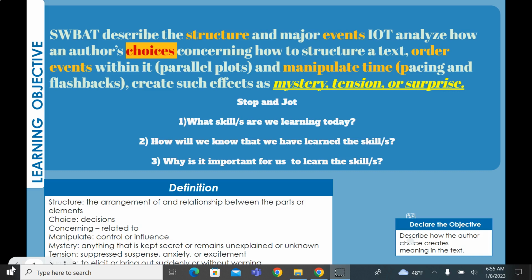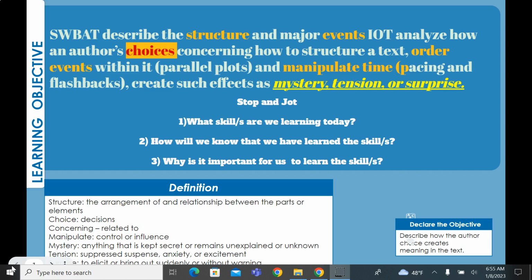Okay, so I'm going to do a little bit of breaking down or unpacking this PBO. It is very, very wordy. So if we were to eat the meat and spit out the bones, here's what we're going to do. We're going to focus on how the author creates effects such as mystery, tension, and surprise. Once we are able to identify those elements, then we will ask ourselves, how did the author do this?